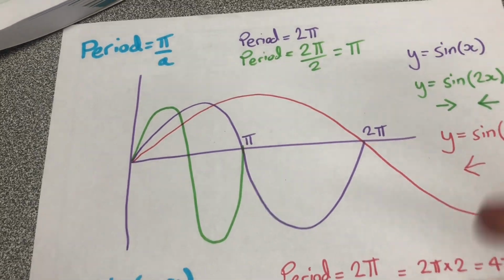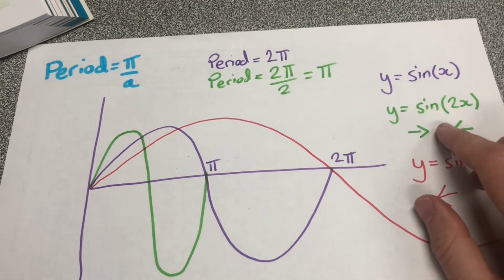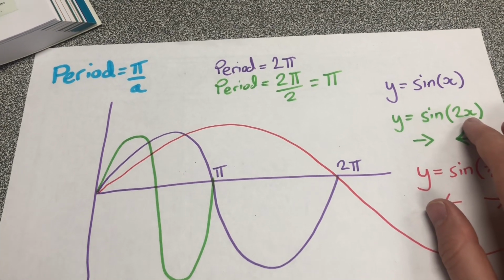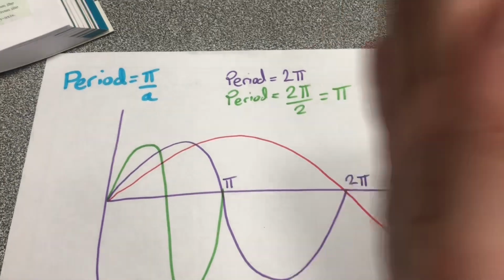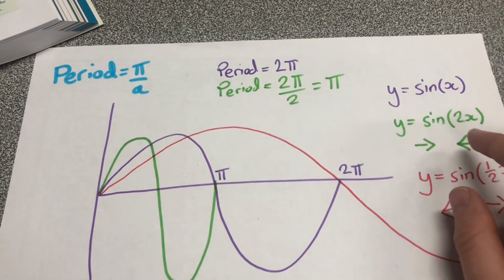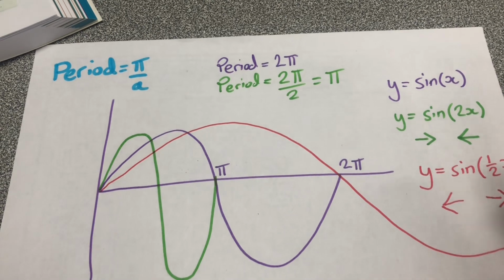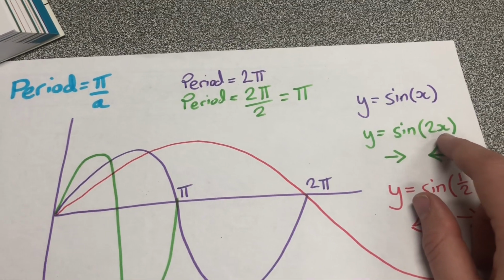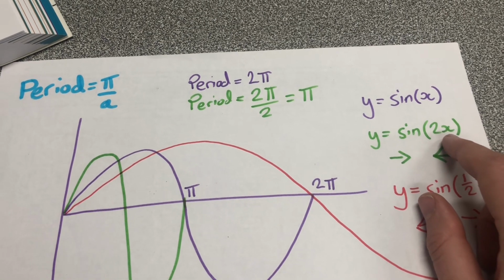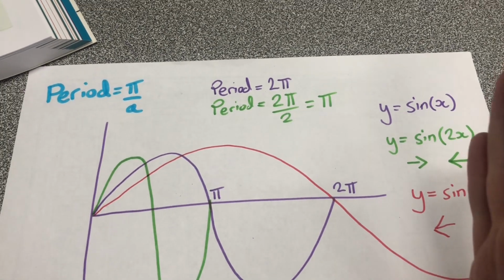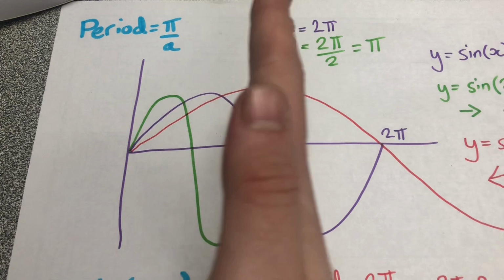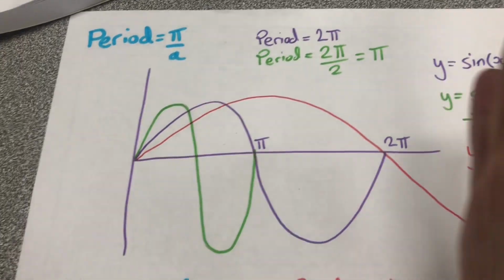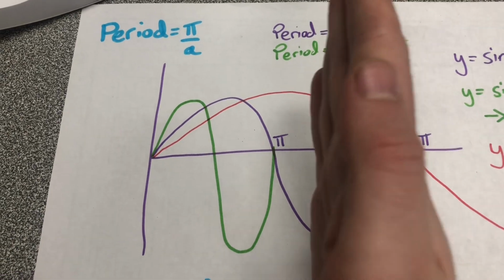When we do our math, we can work out that we can change the period that we have for our graphs in kind of the opposite way that we did with our amplitude. If I have a larger number here, a number greater than 1, it's not going to squeeze my amplitude, it's going to squeeze my period and make it smaller.